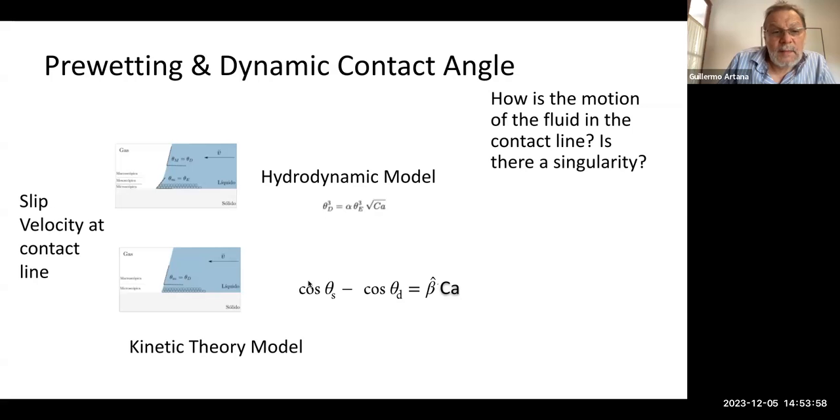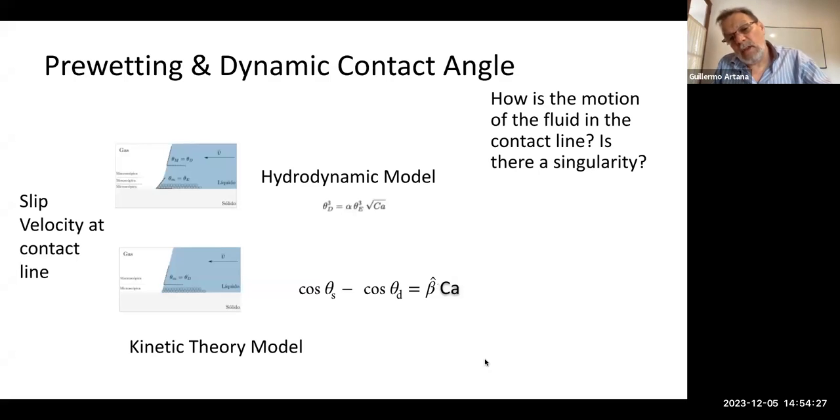So the main aspect is that you can relate the static and dynamic contact angle in different ways, depending on the model that you accept. They are related through the capillary number, but in what follows, we adopted this kind of model, and the problem is that in this kind of problems, the rugosity is not included.